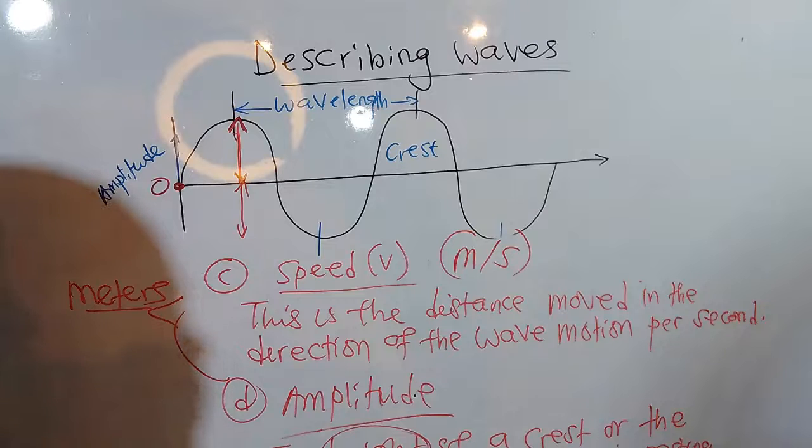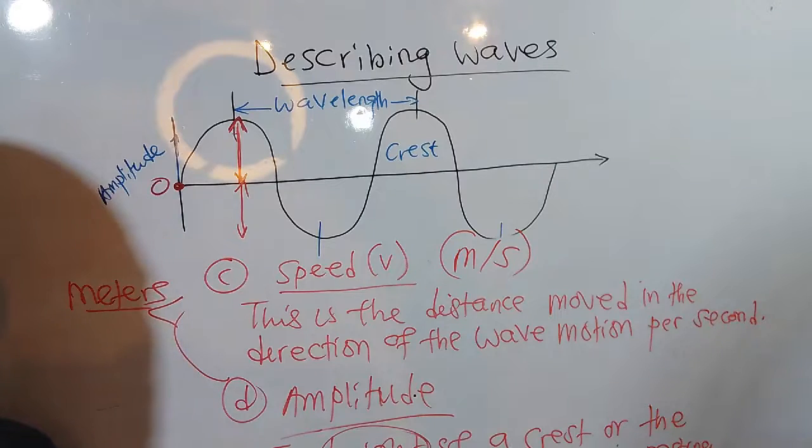So now let us finally look at the wave equation, or simply the formula for finding the speed of the wave. There's some manipulation, some principles that you need to understand.